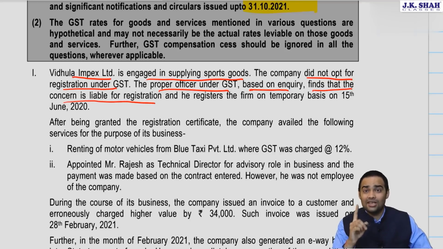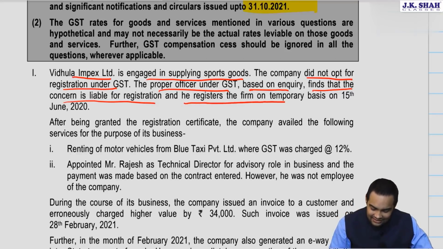Remember, temporary registration, that is suo motu registration granted by proper officer, is possible only in case where a person was liable to register and he has not obtained registration. Let's see. And he registers the firm on temporary basis on 15th June.